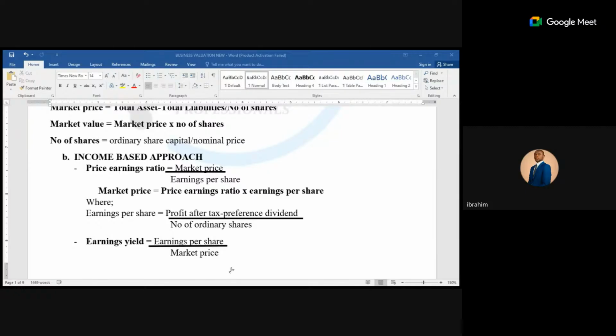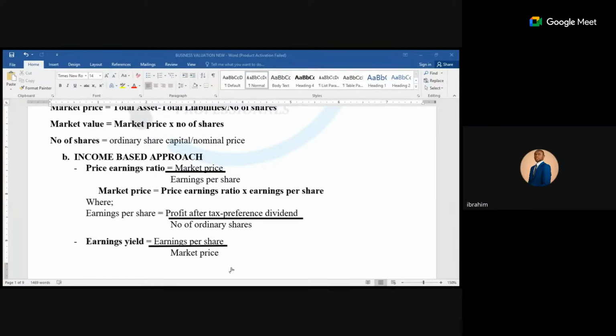Class, the price earning ratio is equal to market price over earnings per share. You can cross multiply, is that not so? When you cross multiply, you have market price equals price earning ratio times earnings per share.